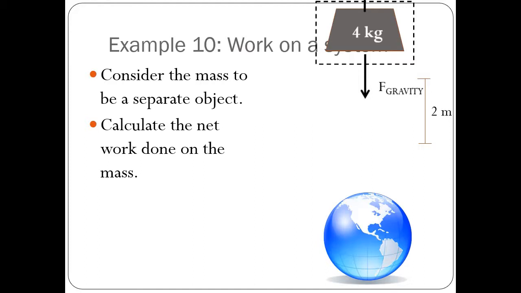Or you could say the force of gravity, which would be m times g, is doing negative work, and the applied force is doing positive work, and they are in opposite directions. The amount of force would have to be, well, let's see, mg would be 4 times 10 to be 40 newtons over a distance of 2 meters. So the applied force does 80 joules of positive work, but gravity does 80 joules of negative work, and so no net work is being done on the mass.